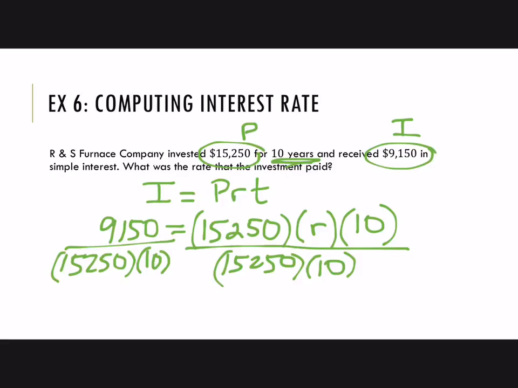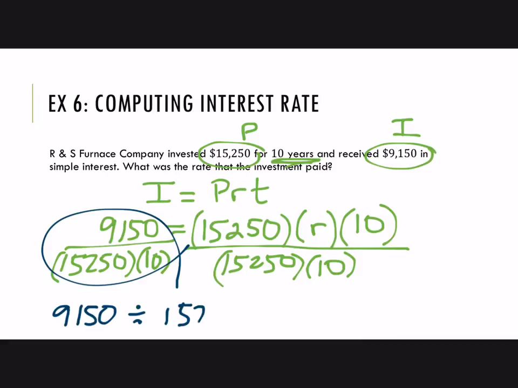Okay, so let's talk about how you entered this in your calculator. Now if you just type 9150 divided by 15,250 times 10, your calculator actually thinks that it's only dividing by 15,250, and then it thinks that this 10 is in the numerator. So to avoid that, you have two choices.